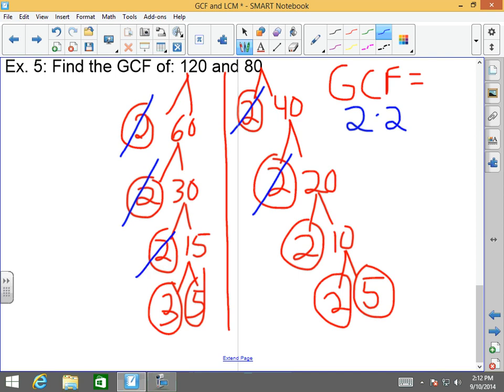Another 2 and another 2 comes out as a 2. Do I have another 2 on both sides? Do I have a 3 on both sides? Now, do I have a 5 and a 5? So that comes out as 1, 5. So my GCF, 2 times 2 is 4, times 2 is 8, times 5 is 40. Very good, my brother. And that's how you find GCF.